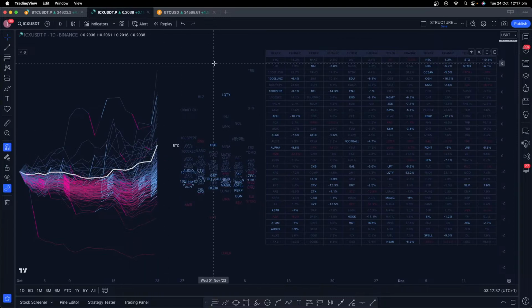But if Bitcoin's broke out, and we think that Bitcoin is going to stay within that range instead of dumping straight away, or it continues moving higher, either Bitcoin's going to suck the liquidity out of the rest of the market, or some of these are going to play catch up. But what I like to see is the ones that are breaking structure showing a little bit more strength. So I can see their audio is one, hot is another, LQTY is another one as well.